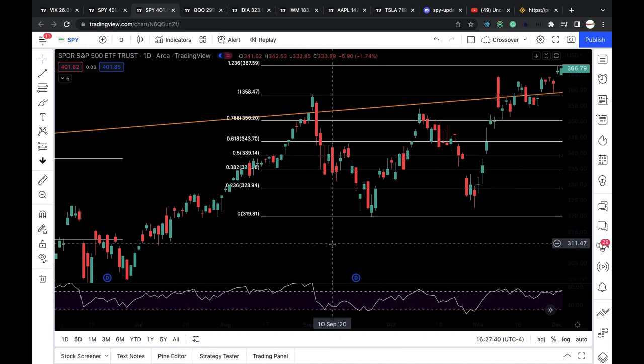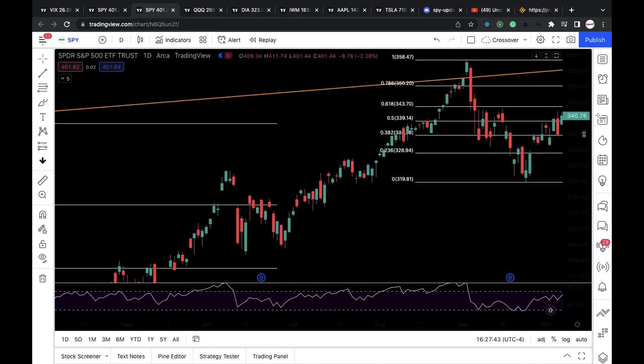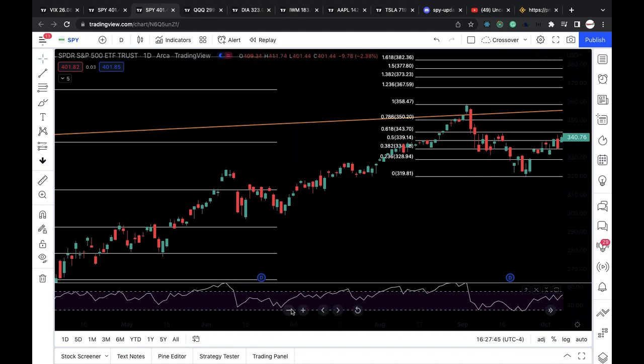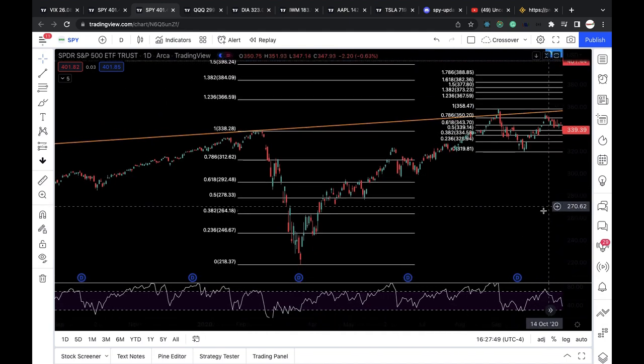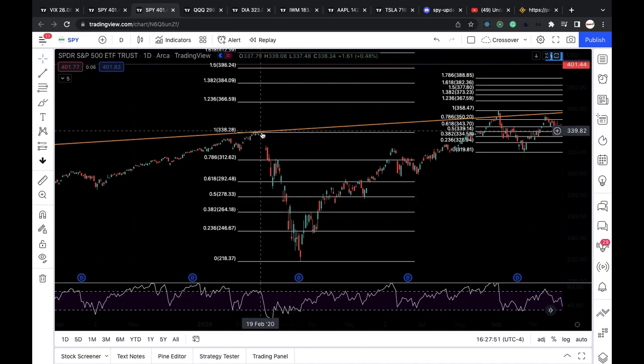You can see here too, right? We can go to one of the most recently famous crashes that we had. The March 2020 crash, the COVID crash, right? I got it from the February 2020 high down to the March 2020 low. And you can see here, on March 25th, we recaptured the 23.6 retracement level.